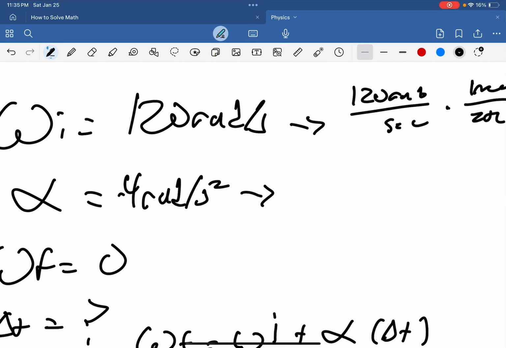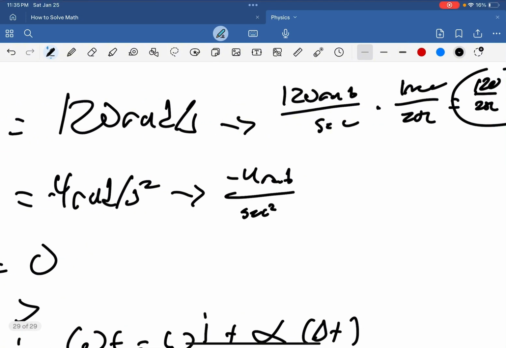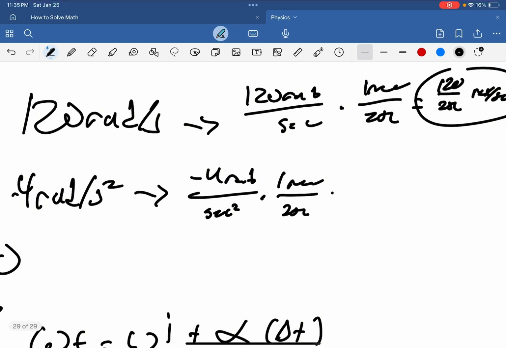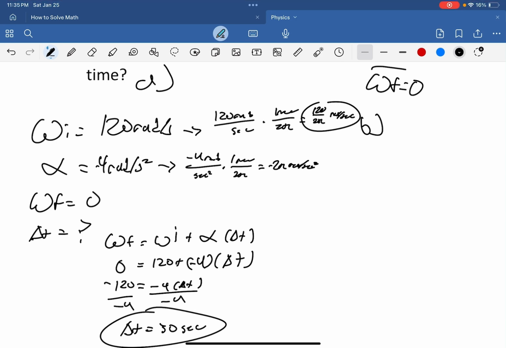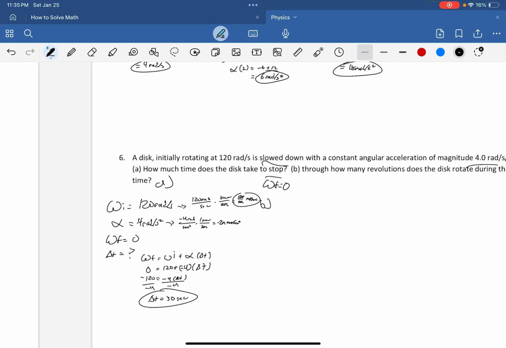All right. Do the same for this. This is negative 4 rad over second squared times 1 rev over 2 pi. This is going to be negative 2 over pi rev per second squared. And 30 seconds should be the exact same thing.